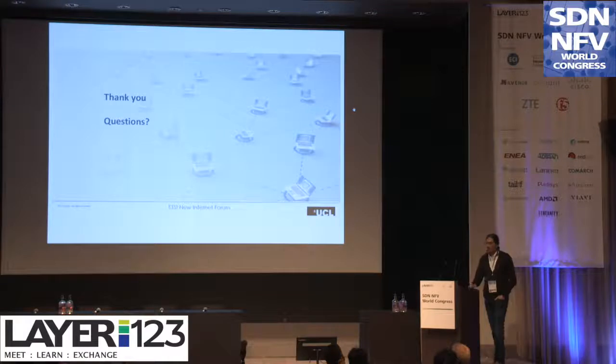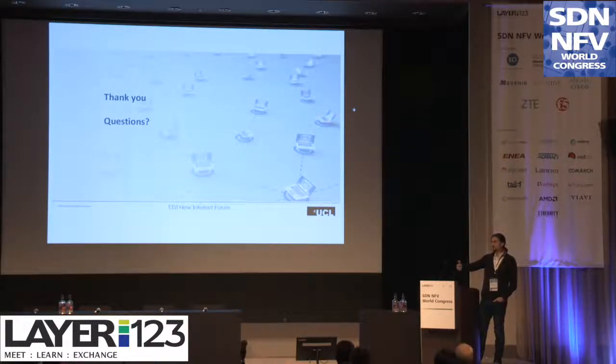Yeah, it depends if the path is installed already. If there's a path established, you just need to select. But as in the second use case, let's say that the path did not exist through a specific point you want to go through in the network, then you need to compute a new one. So you need to trigger more than one function.